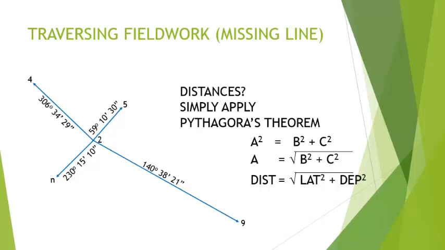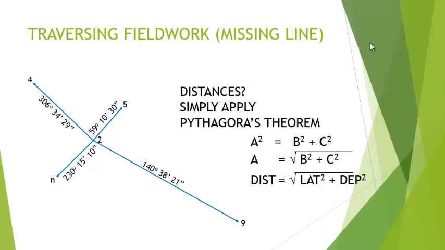There are ways to calculate it if you don't have any reference distances, but in this video we are going to learn it by using the Pythagoras theorem as stated here.